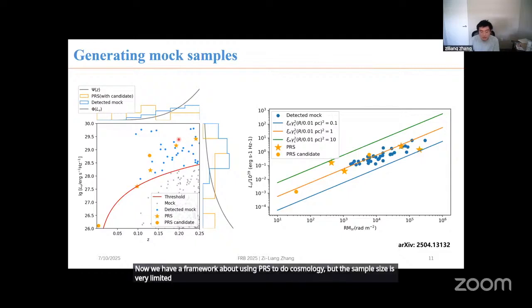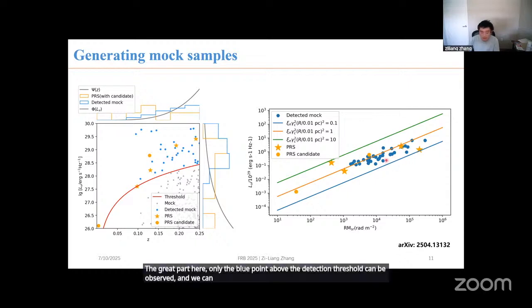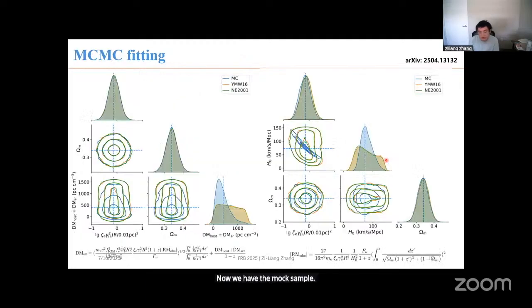Besides using the observational data, we decided to do some Monte Carlo simulation to generate a mock FRB PRS sample to test our idea. Among this mock sample, the gray points here, only the blue points above the detection threshold can be observed, and we can assume the distribution of that coefficient. Now we have the mock sample. Our strategy is a two-step MCMC fitting.